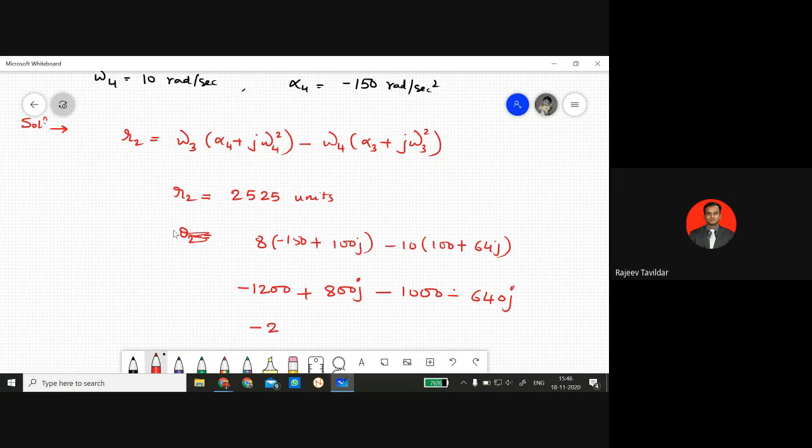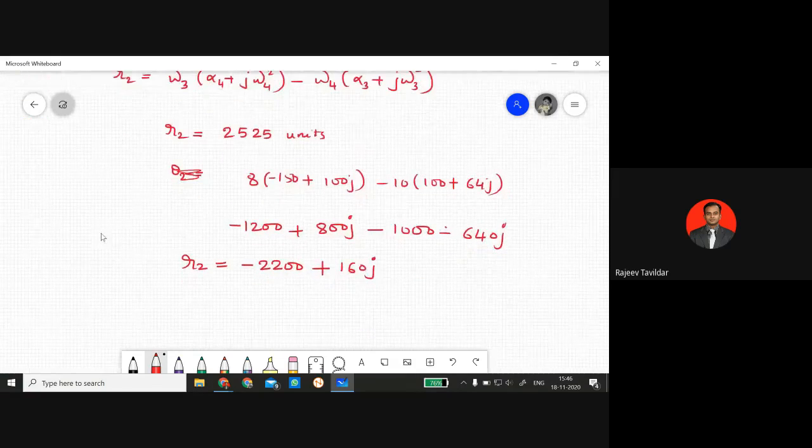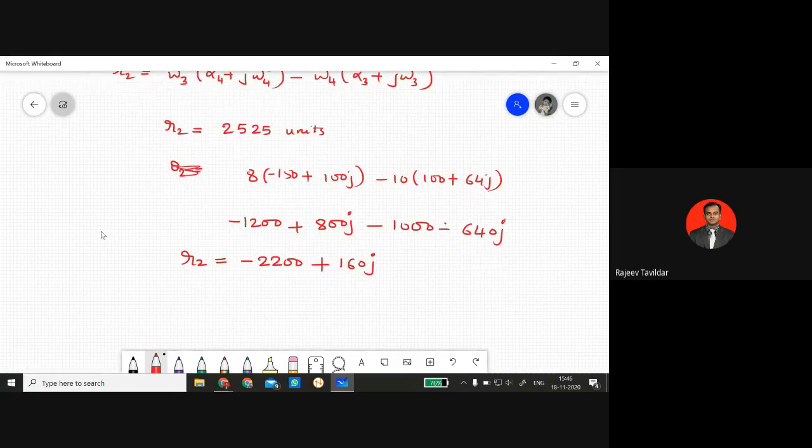Anyway, let me solve it here. So this I'm going to get as minus 2200 plus 160 times j. This is the simple solution which I have done right now. So the real term we have got is minus 2200, and the imaginary term is 160.